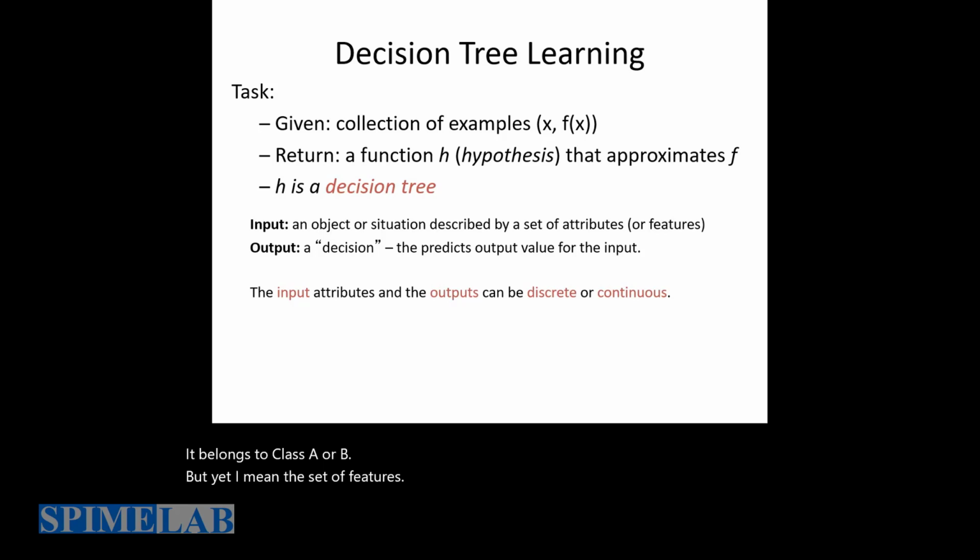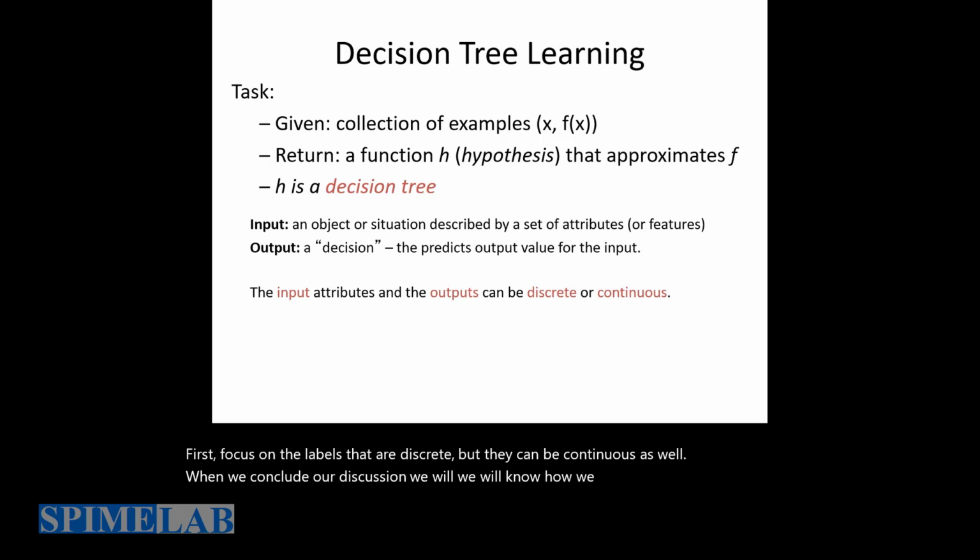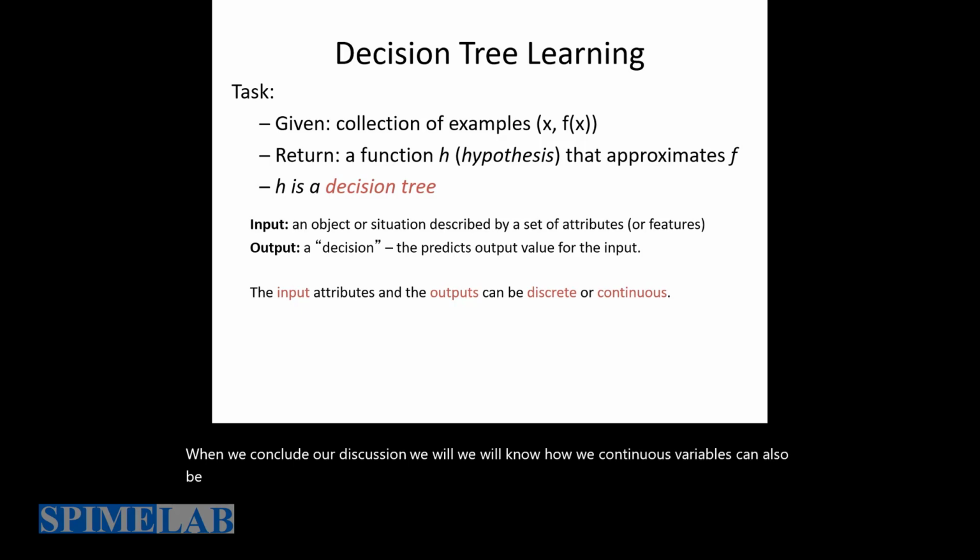In the case of decision trees, we are going to first focus on labels that are discrete, but they can be continuous as well. When we conclude our discussion, we will know how continuous variables can also be used in decision trees, and decision trees can do regression for us as well.